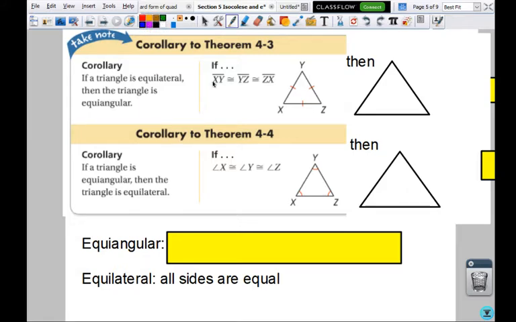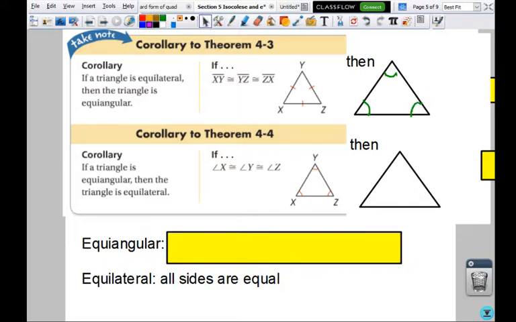Okay, so if I have an equilateral triangle, there's actually also something special with it. If it is equilateral, then it also has three equal sides, or excuse me, three equal angles. Equilateral means all sides equal. It also has three congruent angles. So all three angles are going to be equal to each other.